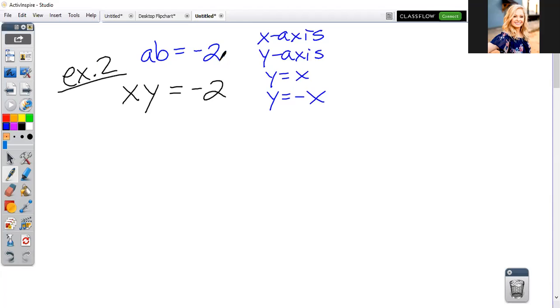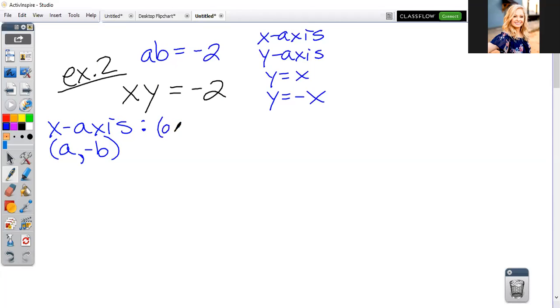So if it's symmetric to the x-axis, I'm going to put right here, x-axis, we're going to plug in a negative b. That's for the x-axis. And so what am I plugging in for x? a. What am I plugging in for y? Negative b. So I plug it in right here.